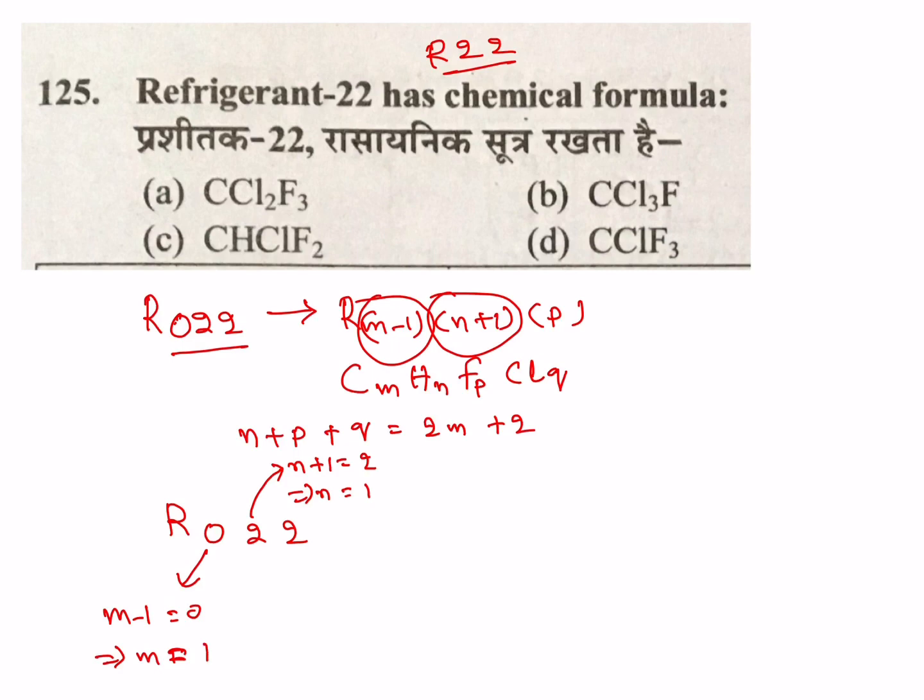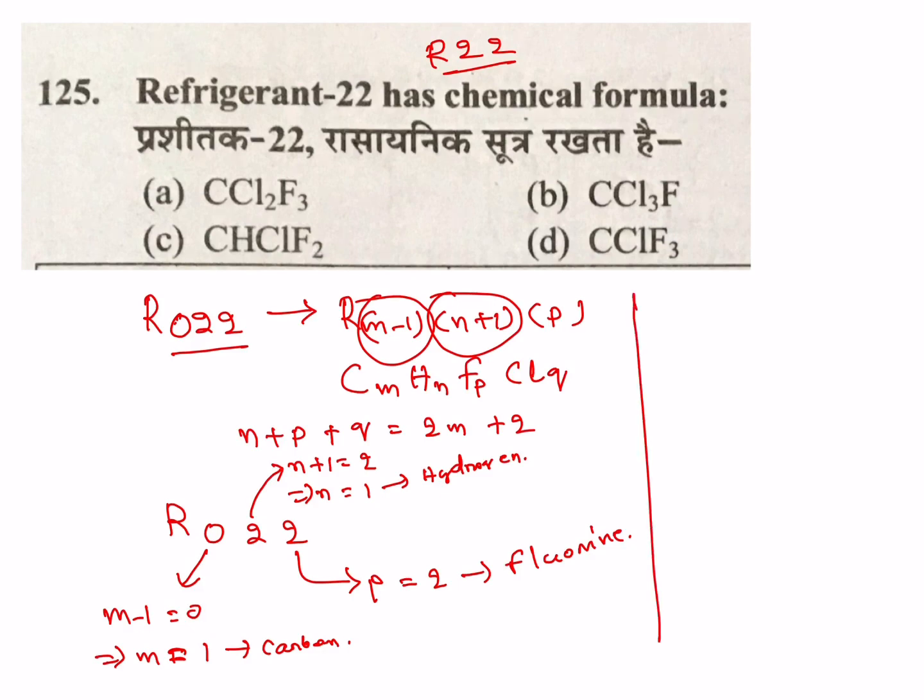And m represents carbon, n represents hydrogen, then your next 2 represents p equal to 2, fluorine.